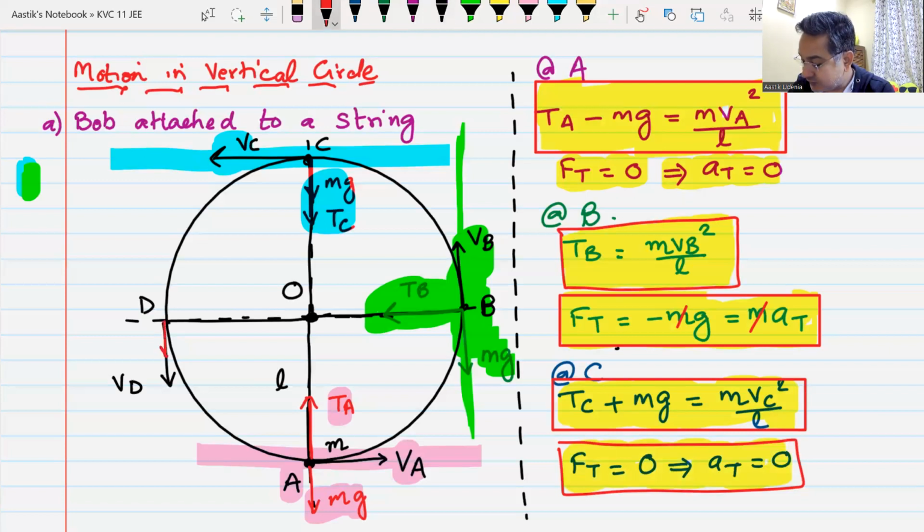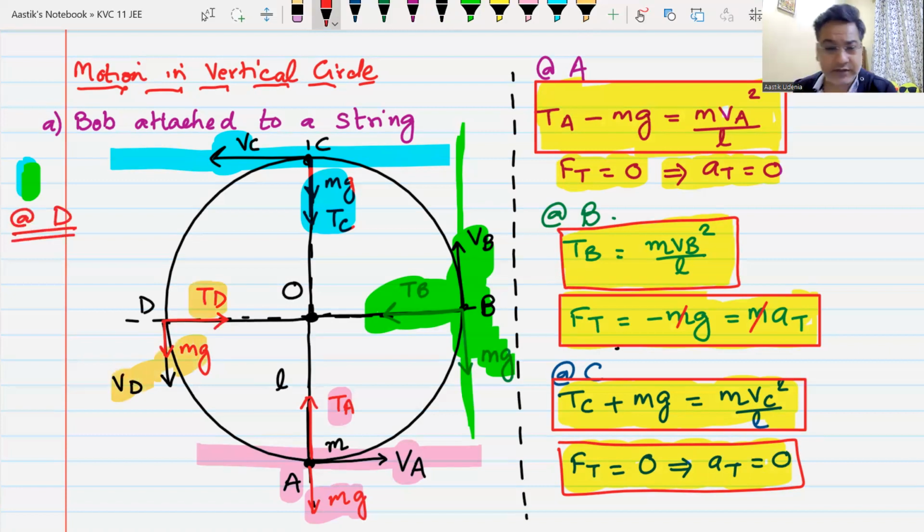Gravitational force is acting in the same direction, mg, as you can see, and tension is acting in this direction. Let me call it Td. Now, looking at all these forces, can anyone tell me what equation you can make at point D? Let me write it here because I don't have space.